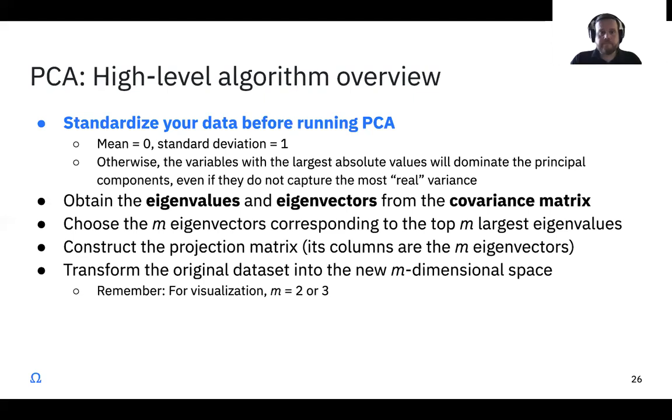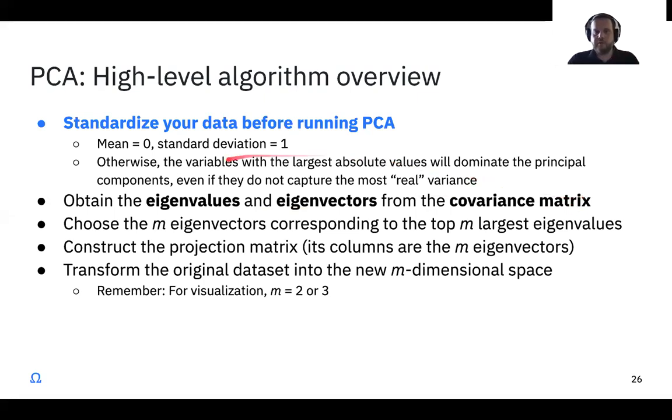All right, thanks. So then, going over the PCA high-level algorithm overview again, you're basically obtaining the eigenvalues and eigenvectors from the covariance matrix. If these are senseless terms to you, then that's fine. But for those of you who might have done some deeper AI or data science, this might add some intuition. We're not going to unpack all these terms because we don't have the time in this lecture.